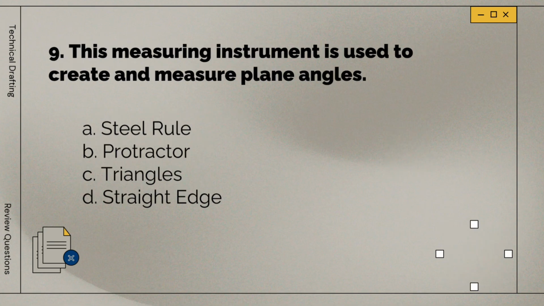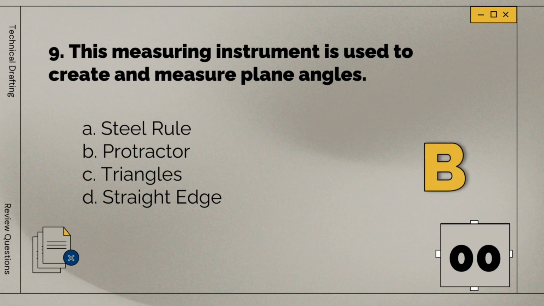Number 9. This measuring instrument is used to create and measure plane angles. The correct answer is letter B.